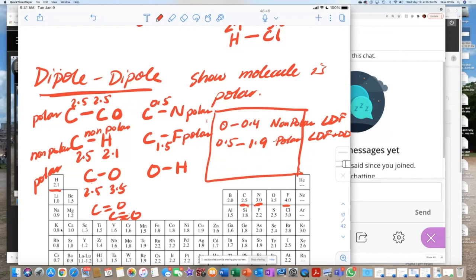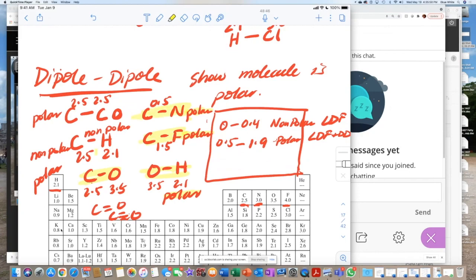Then O and H. O is 3.5, H is 2.1. 3.5 minus 2.1, we get 1.4. Yep, 1.4 is polar. So I'm going to highlight the polar ones. Polar bond, polar bond, polar bond. This is polar, polar, polar, polar, and these other two are nonpolar.